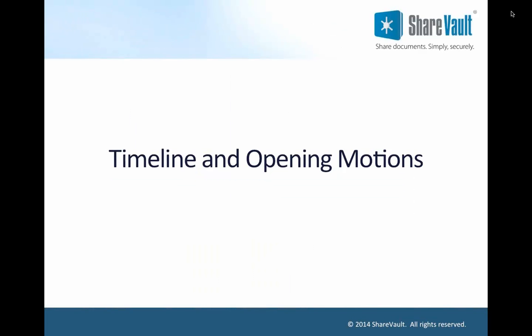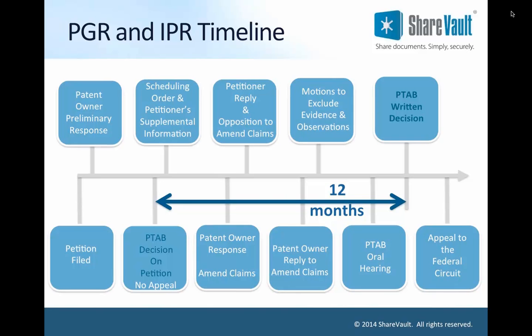So here I'm going to go over the timeline and some of the opening motions. What opens the proceeding is that a petition is filed, and this is followed by a preliminary response. The patent owner gives a preliminary response to the petition, and then there's a decision based on the petition about whether or not to go forward.